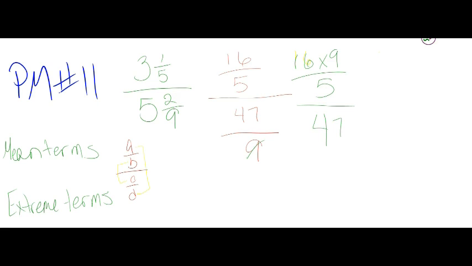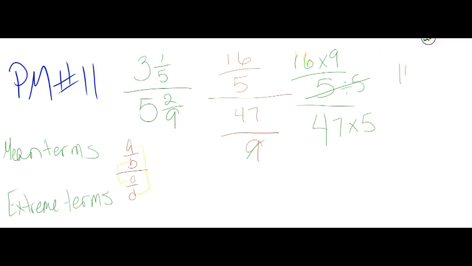Now we need to get rid of this 5. Here we're going to divide by 5 to multiply this fraction by 5, and here we're going to multiply by 5, and this is going to cancel out.